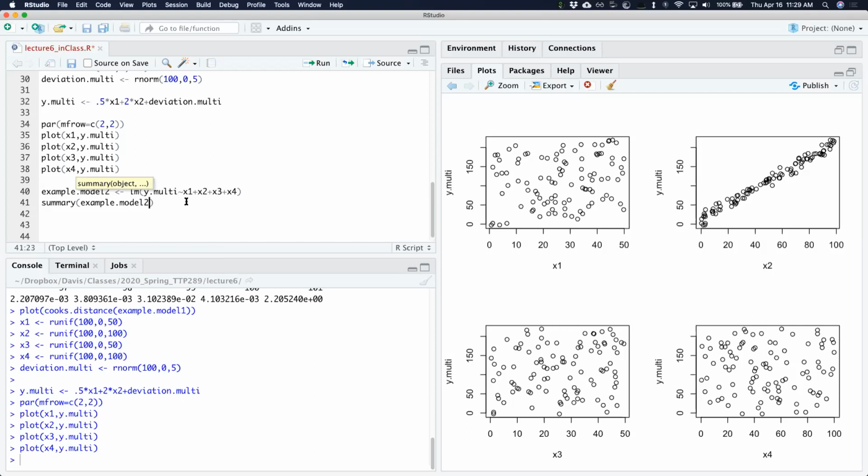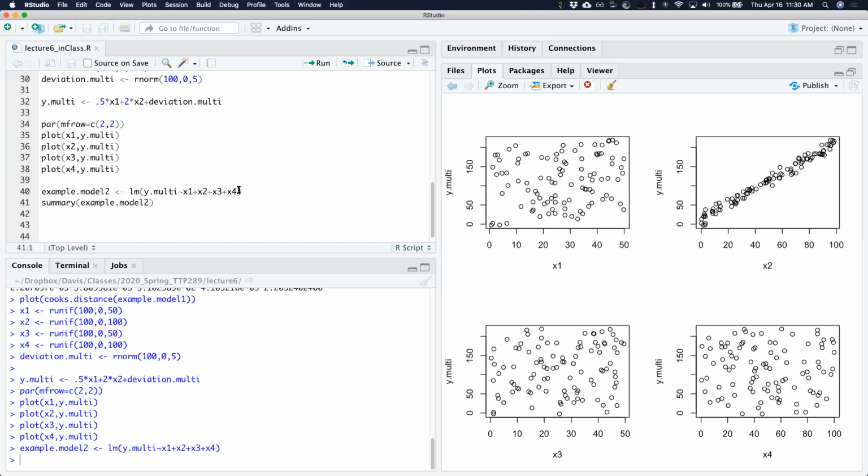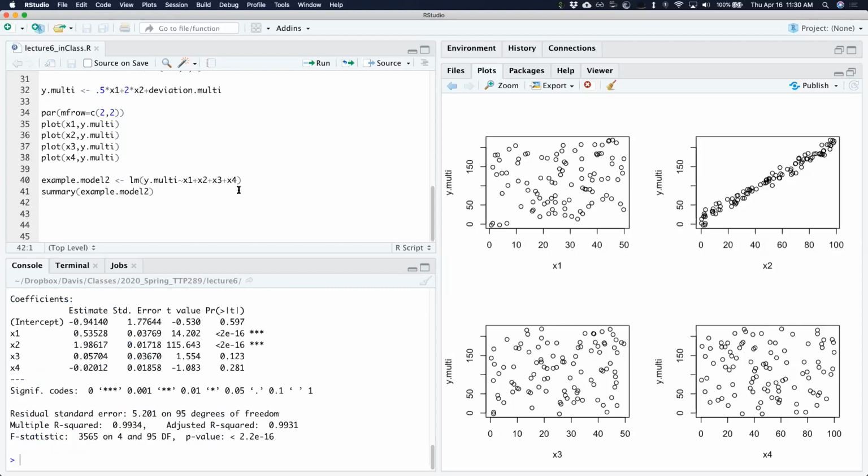So this is a linear fit, exactly the same as before with our univariate model, except now we are adding in a couple other variables. This is the structure for doing a multivariate model. It's the same as the univariate, except you add your variables explicitly like this. I can run this model and look at the summary.